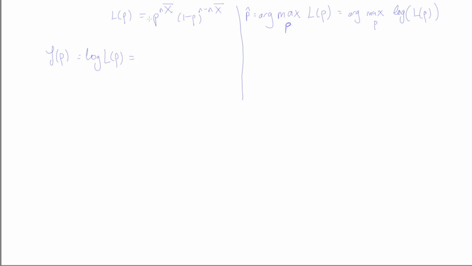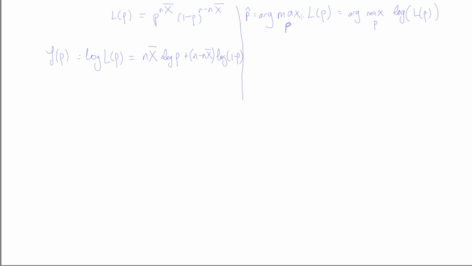Well, if I take the log of this guy, it becomes n x bar log P plus this guy comes down, n minus n x bar times log of 1 minus P. So this makes things easier because I want to take the maximum, so I have to take the derivative of this. It's easier to take a derivative of a sum than a product. Okay, so it's a very common trick.